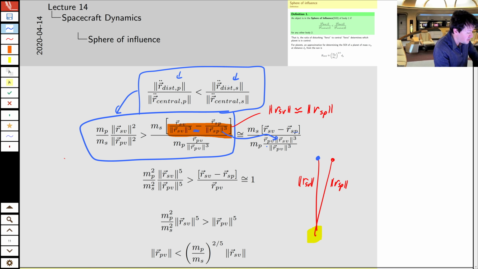And so we simplify this expression by moving this term up here, this term down here, and we move this term up here, to the power fifth.